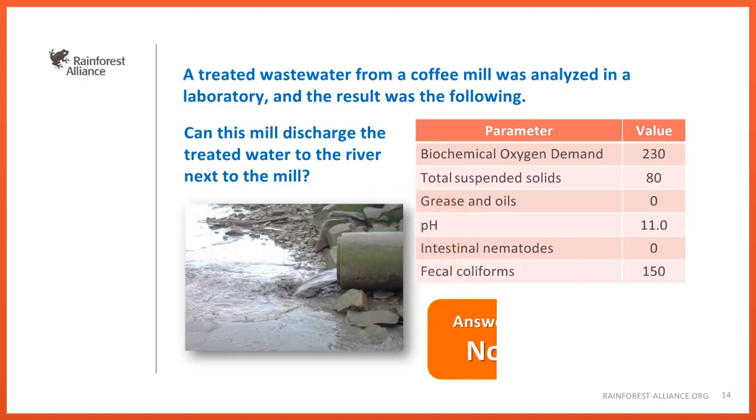The answer is no. As you can see in the table, biochemical oxygen demand is 230, whereas it should be less than 150. Total suspended solids are 80, whereas they should be below 50. pH is 11 when it should be between 5.5 and 9. Therefore, it does not meet the parameters and cannot be discharged into the river.